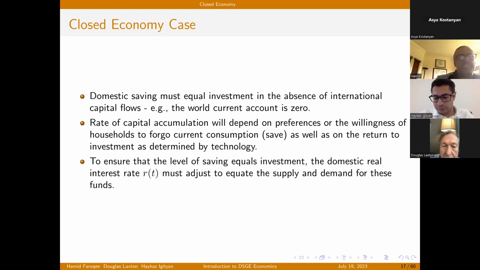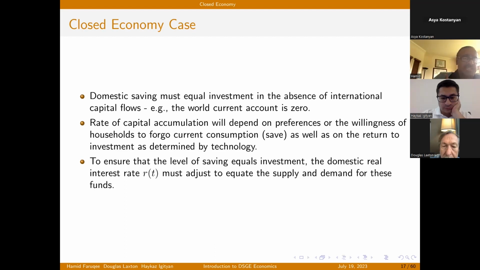Saving always equals investment in the closed economy case, and the rate of capital accumulation doesn't depend on the global interest rate as in the small open economy setting, but really on the intermediation between savers and investors in the closed economy setting, where the interest rate has to adjust to equilibrate saving and investment. And that's effectively the difference there.